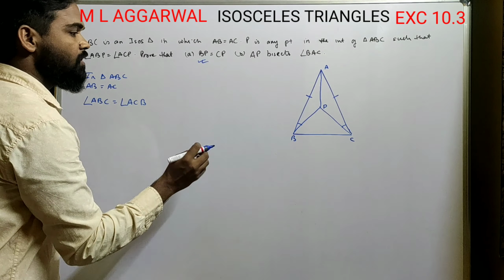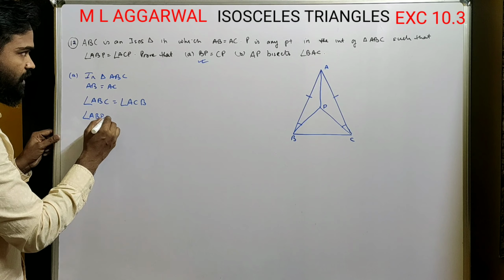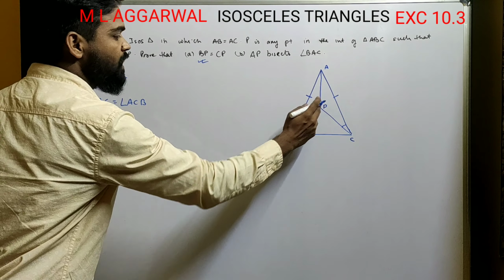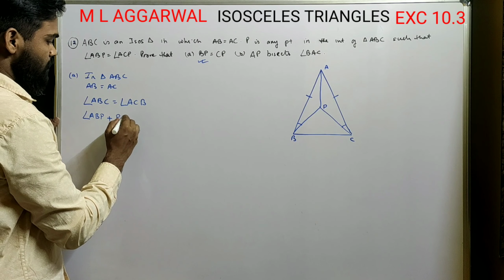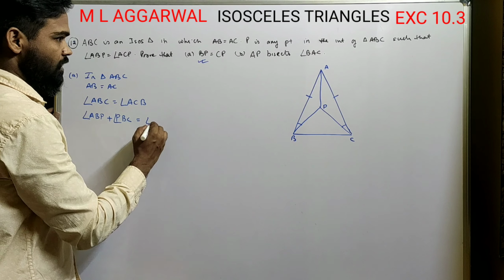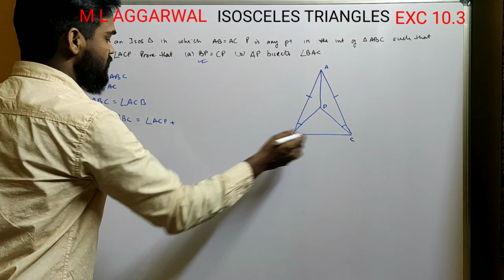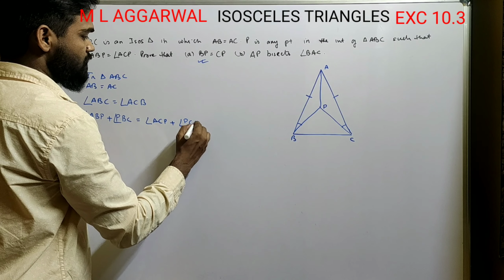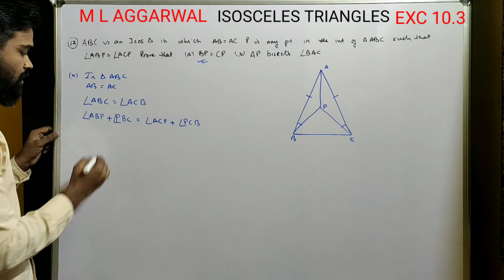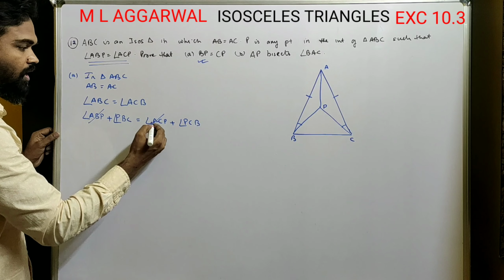Now angle ABC I can write as angle ABP plus angle PBC, look carefully. And angle ACB I can write as angle ACP plus angle PCB. Now angle ABP and angle ACP are equal, which means these two cancel out.